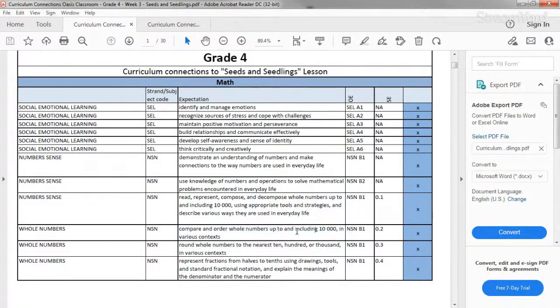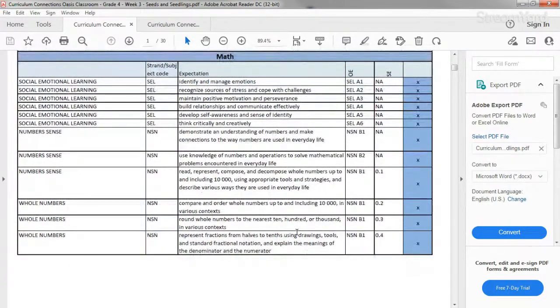Okay, can you come up with an idea when you're working with seeds and seedlings to teach this? Of course you can. We can count the number of seeds, and it also talks about fractions and ratios.